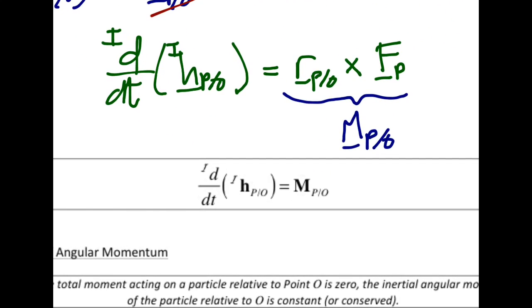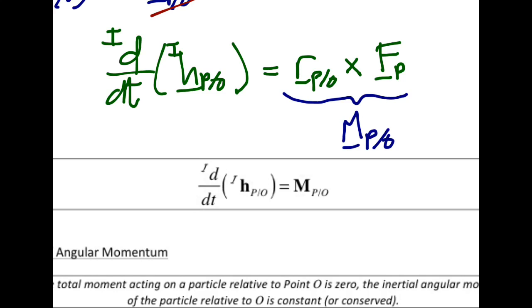And so this gives us a really important finding in which we see that the time derivative, as observed in the inertial reference frame, of the angular momentum of particle P relative to a fixed point, point O, is equal to the moment of the forces acting on P relative to point O. And so what we see here is that this form, the time derivative of angular momentum equal to the moment, is still Newton's second law.